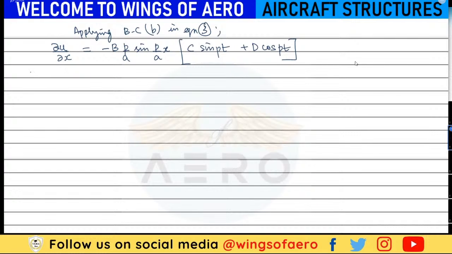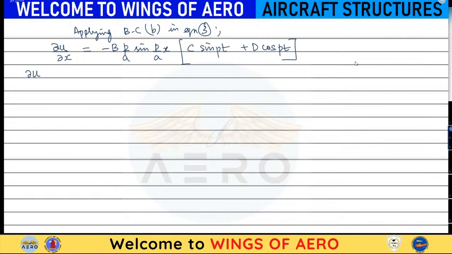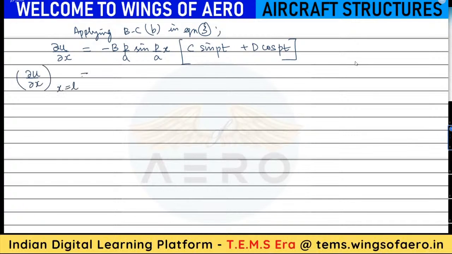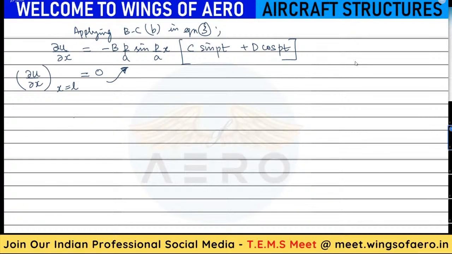Now what was the boundary condition B? That is dou u by dou x, when x tends to L, this strain will also be 0. This we are going to apply in equation 3.